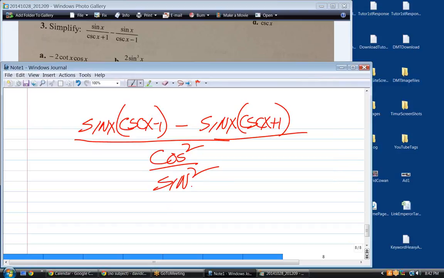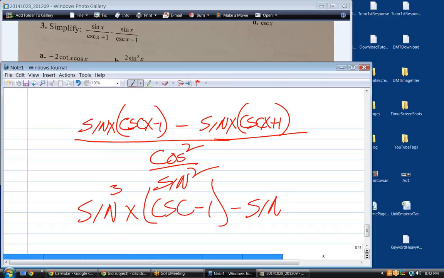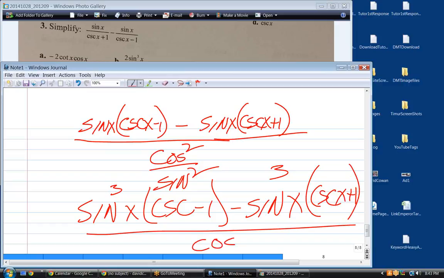In other words, if I flip and multiply, I'm going to have a sine cubed of x. Let's flip the bottom and multiply. We're going to have a sine cubed x times cosecant minus 1, minus a sine cubed x times cosecant x plus 1, all over cosine squared. With me?